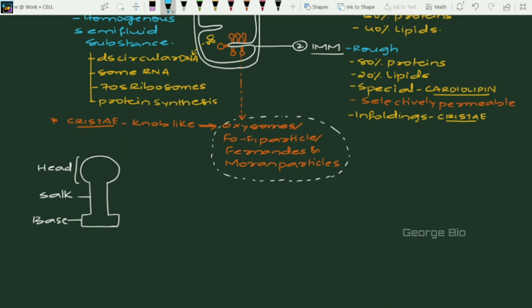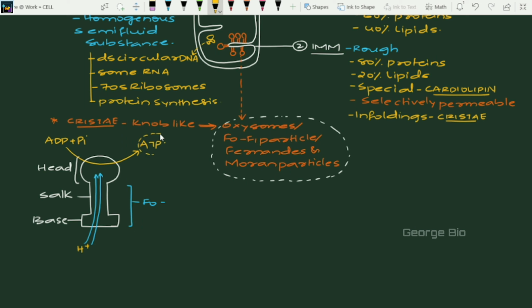Or else the lower region can also be written as proton tunnel F0 particle. Now this one acts like a proton tunnel where H plus ions will be traveling through this and hit the head part, and that starts rotating and helps in combining ADP with inorganic phosphate and helps in formation of ATP.